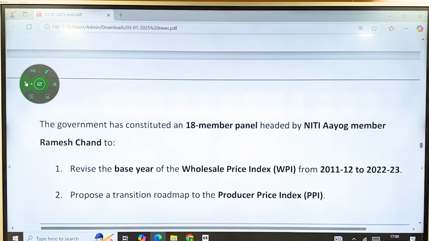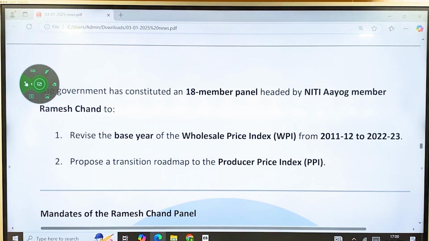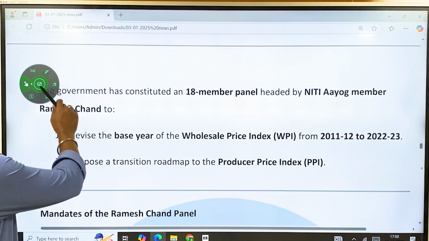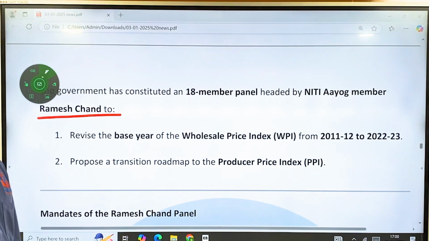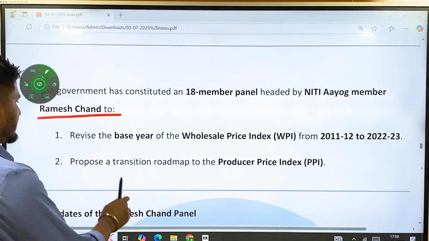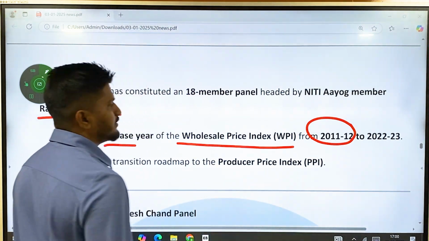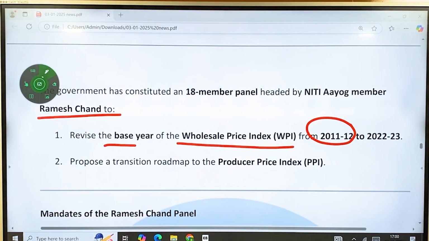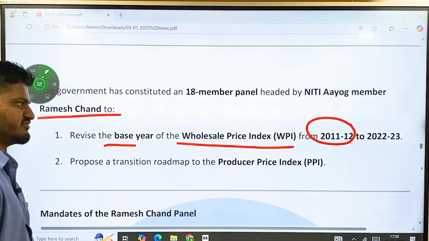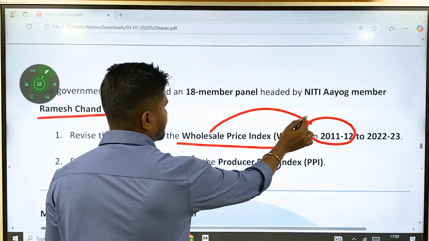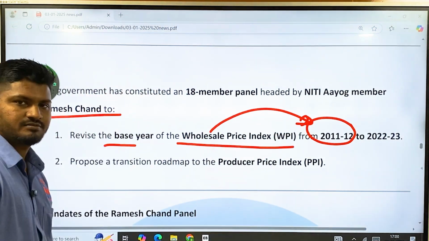So the government has constituted an 18-member panel headed by NITI Aayog member Ramesh Chand. The aim of the panel is to revise the base year of the wholesale price index from 2011-12 to 2022-23. Presently, WPI, that is the wholesale price index, is calculated on the basis of 2011-12 as the base year.